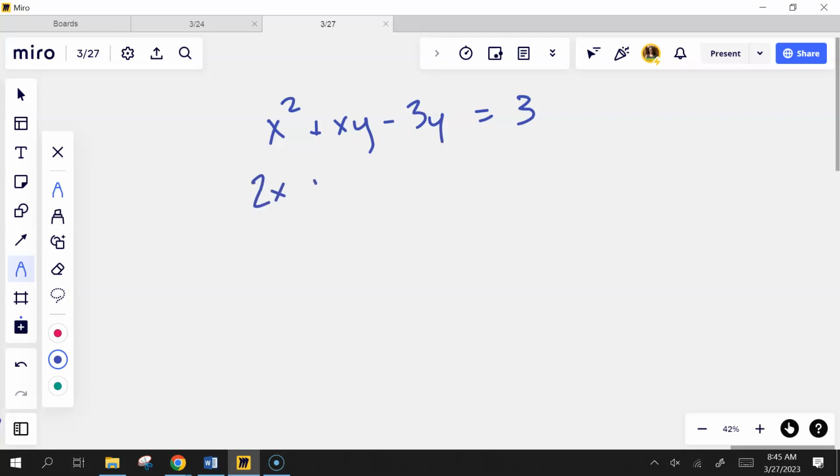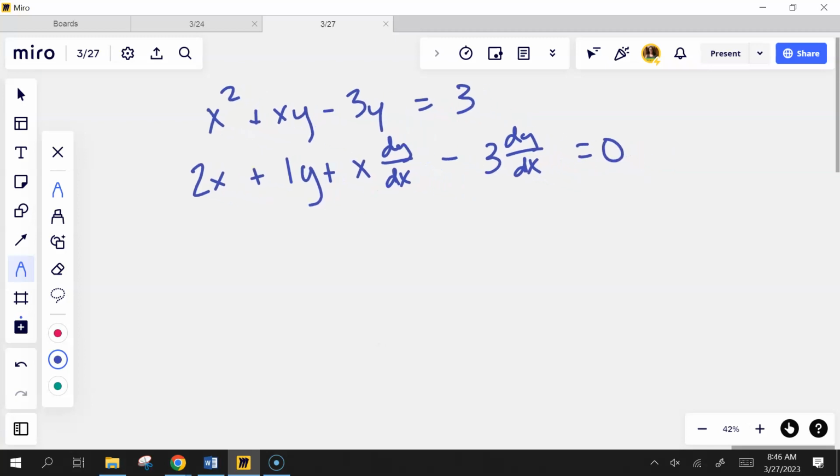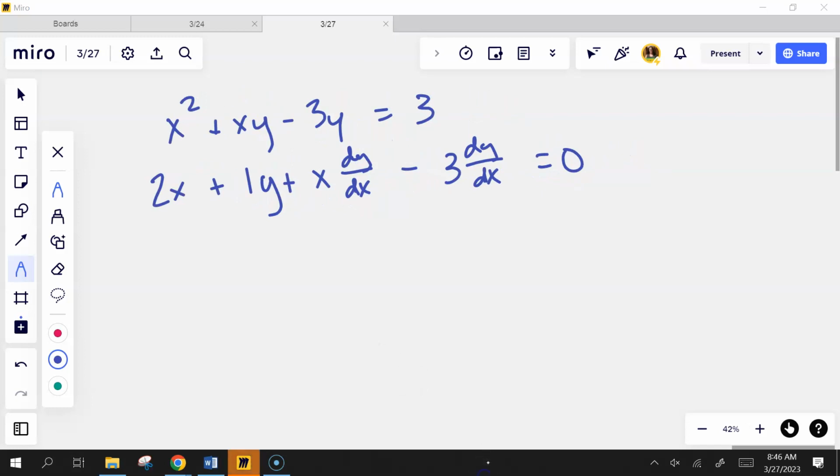All right, so you got 2x plus product rule, derivative of the first times the second plus the first times derivative of the second, minus 3 dy dx equals 0. Everybody that's got a dy dx can stay. Everybody else got to go.